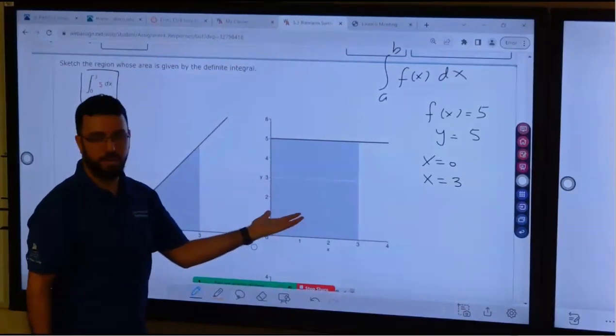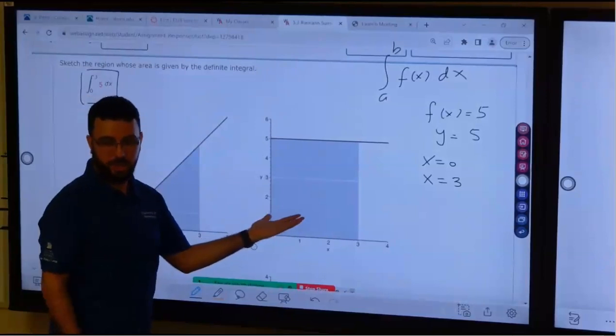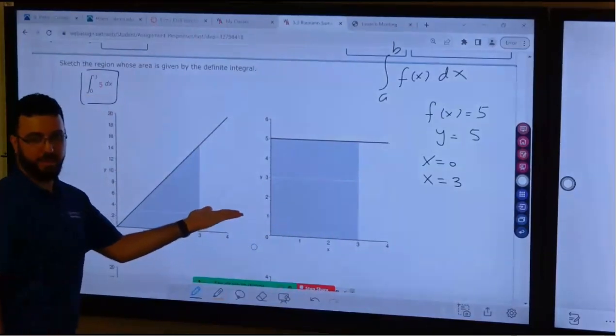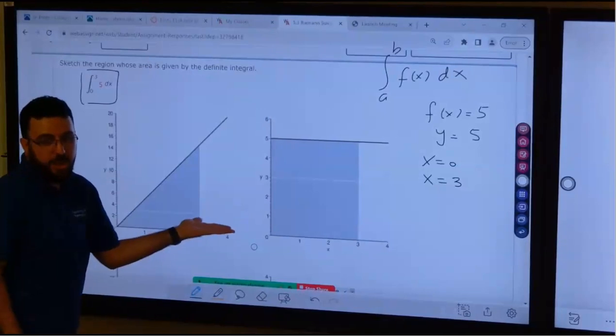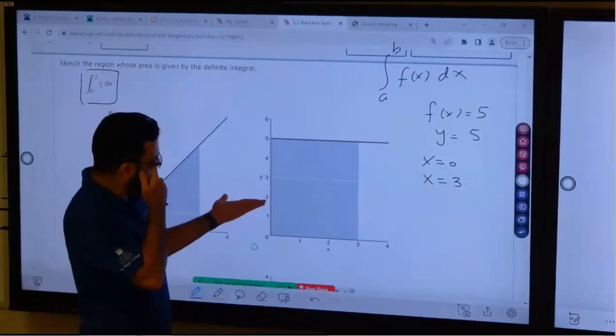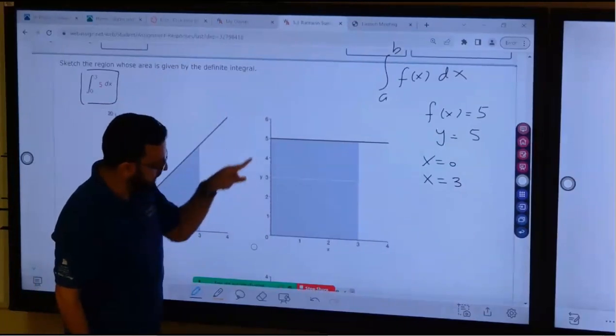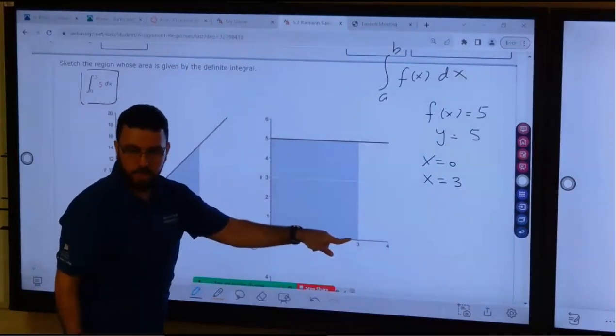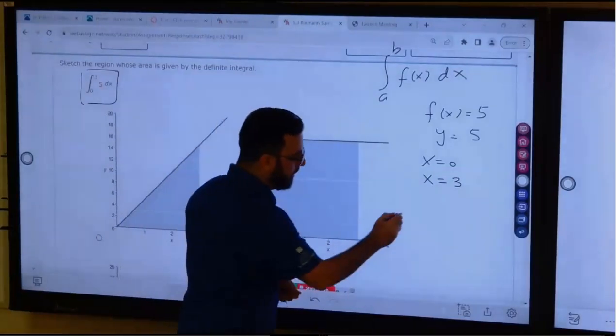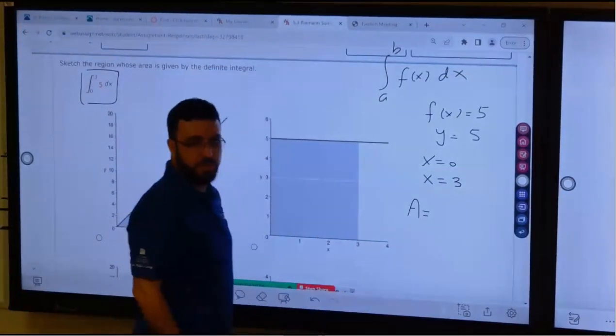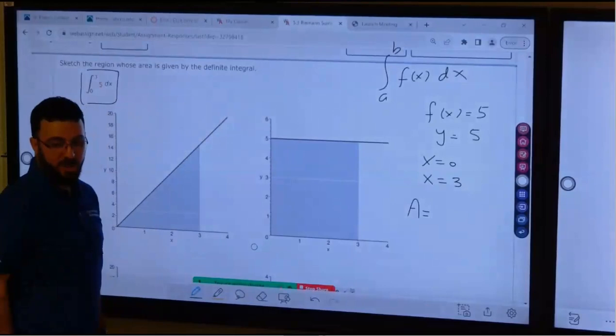This is what? Can I find the area? It's not a curve, it's a rectangle. We can't say it's a square. Why? Because check, here is 5 and here is 3. So how are we gonna find the area? Length times width.